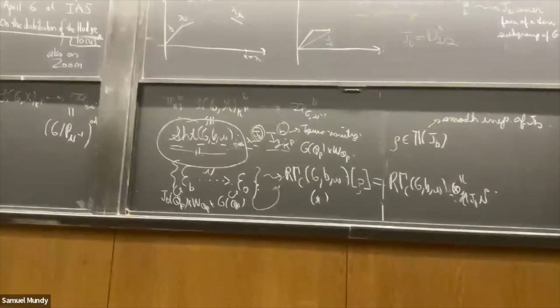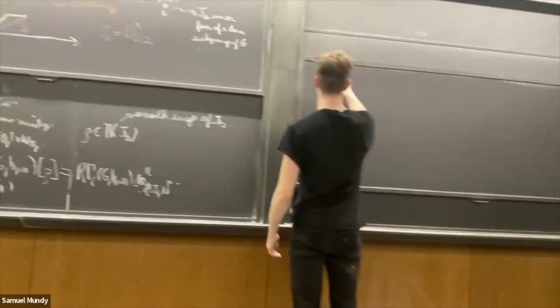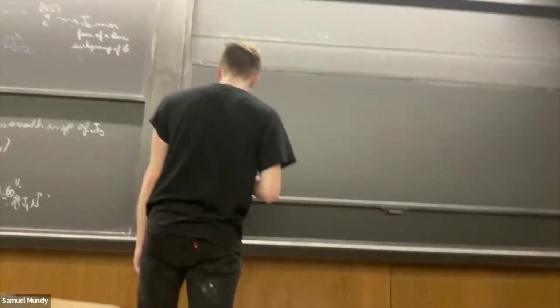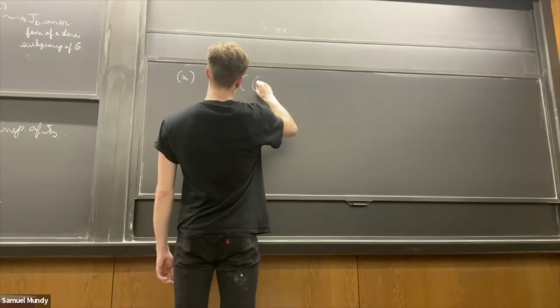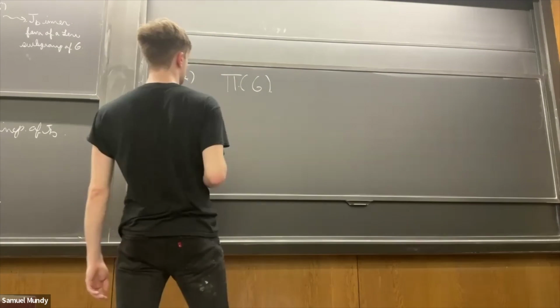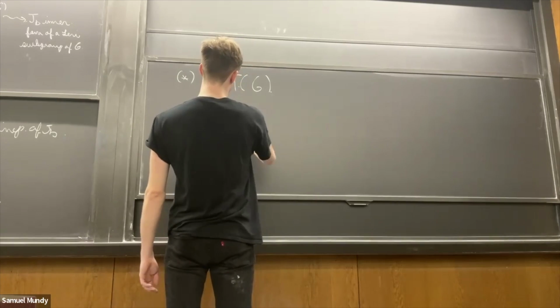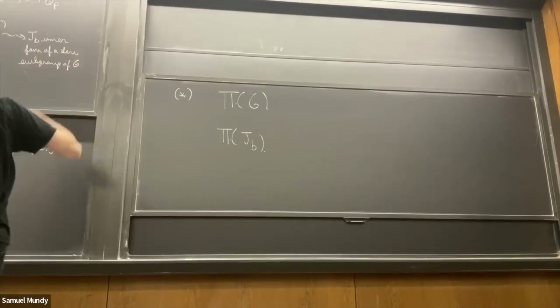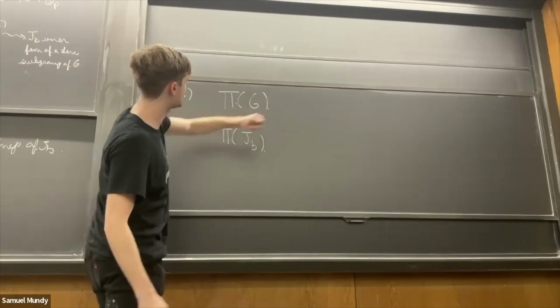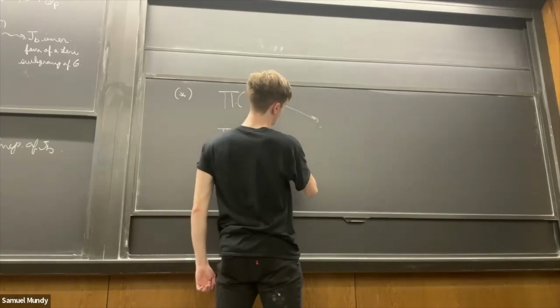So what does star look like? Well, the point is it should be dictated by the local Langlands correspondence. So what is that? Well, if we consider the set of smooth irreps of G, and then maybe also smooth irreps of J_b, the point is that because these are inner forms, the local Langlands correspondence is going to take values in the same set.